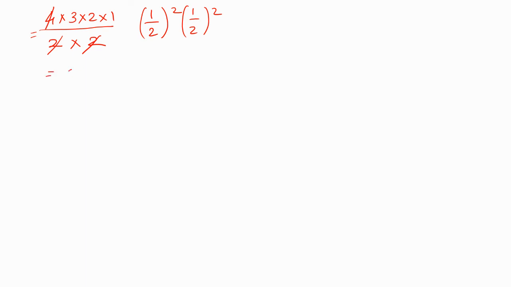So this one will be 3 into 2 into 1 upon 2 square is 4, 2 square is 4, which gives 3 by 8. So the probability of getting 2 heads will be equal to 3 by 8. Okay, so this is how your examples will go.